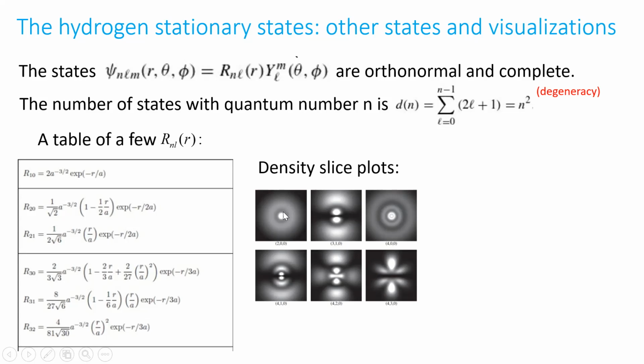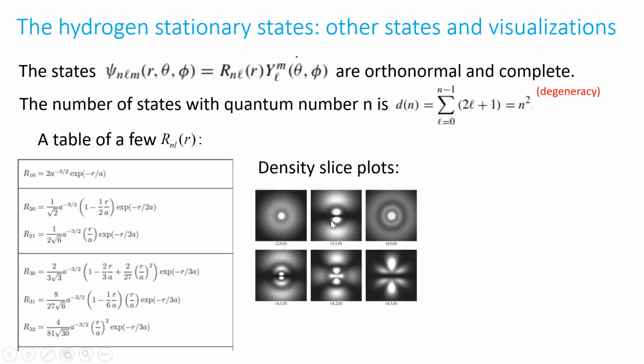Notice that there is one place where the wave function goes to 0, and that would be where this polynomial in R20 would be 0, which solving that would be R equal to 2a, where a is the Bohr radius. So where R is equal to 2a, this would be 0. So there'd be no chance of finding the electron at that radius, which is interesting when you think about it.